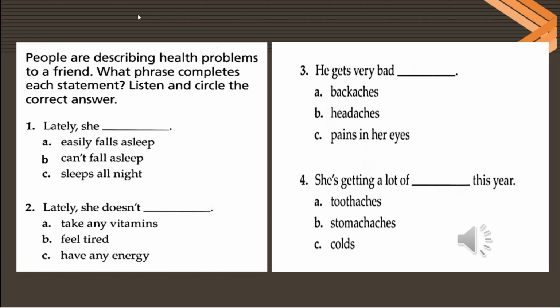Okay, now we will listen for once. Listening 3. 1. I've really been having trouble sleeping lately. That's too bad. I go to bed, but I often can't fall asleep. Do you ever have that problem?